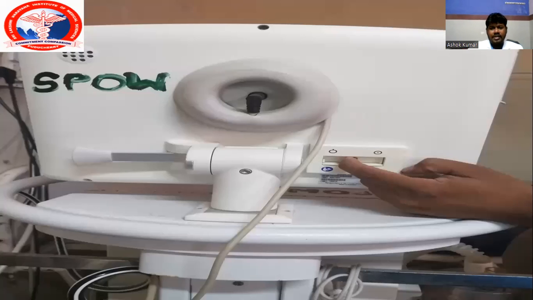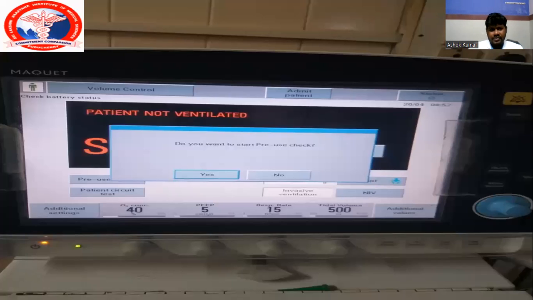This is the on-off switch for the ventilator. We can switch it on to power on the ventilator. And for the pre-use check, we want to go to the option yes.